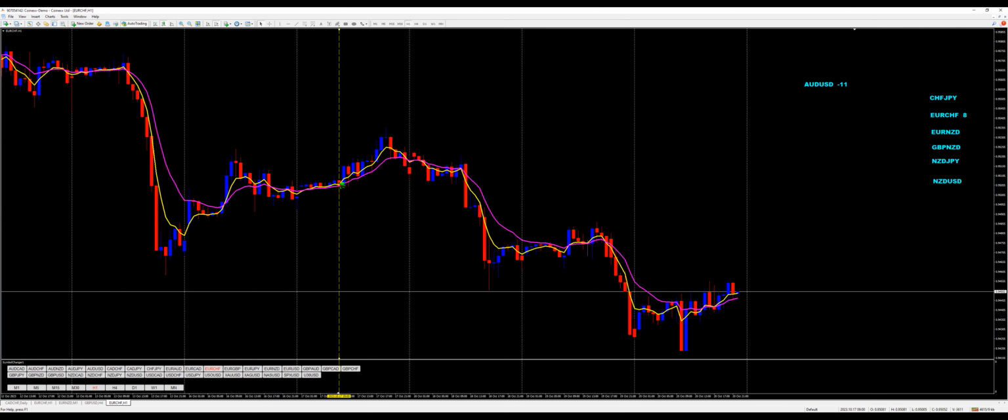Euro Swiss has crossed over. I should have noted down whether it's buy or sell. So Euro Swiss, we're trying to go short, and there's no trade. Euro NZD.